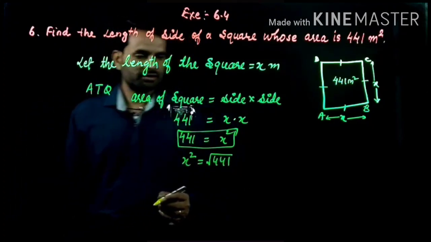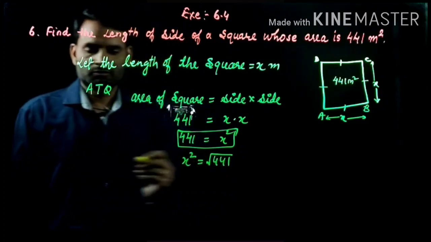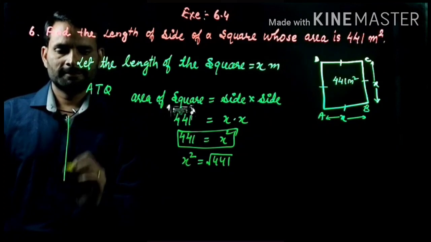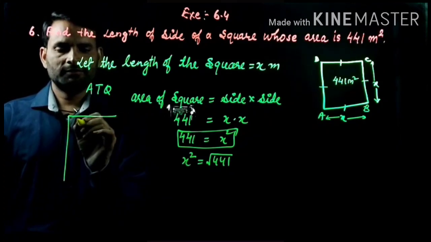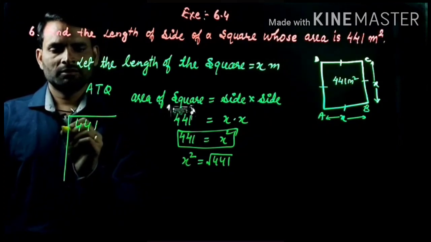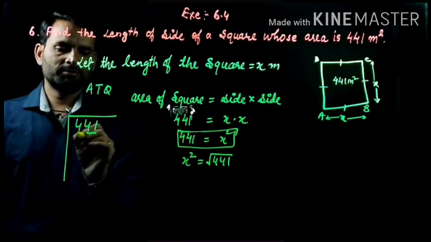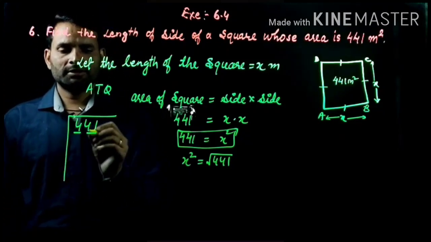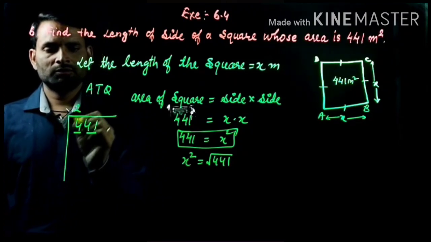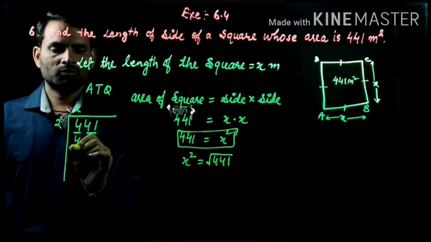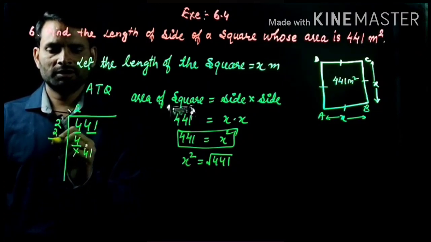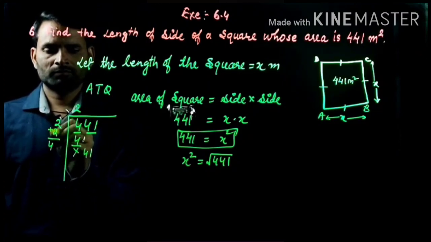Okay, and find the square root of 441 by the division method. Okay, first you make a pair from right to left. First pair is 41, and the second is 4, and here 2 2 is 4.